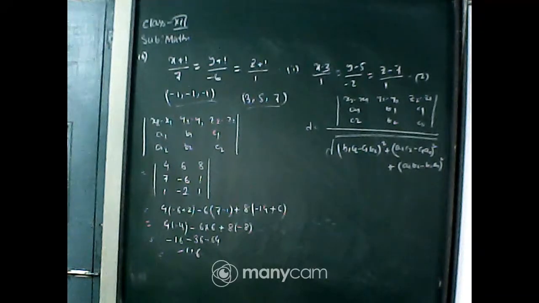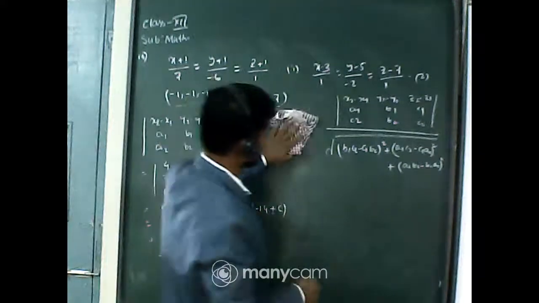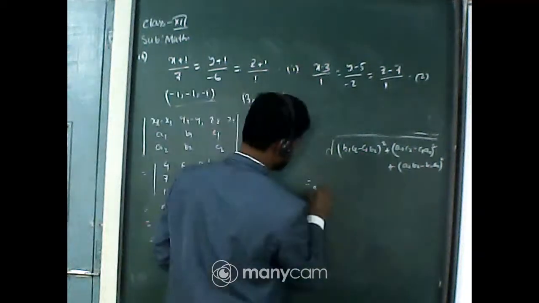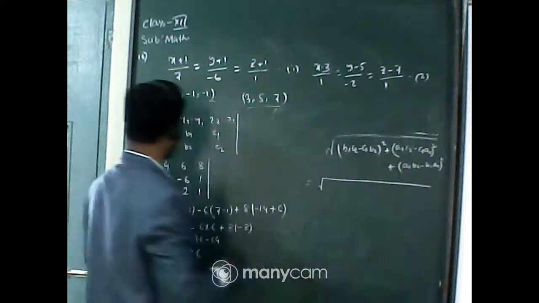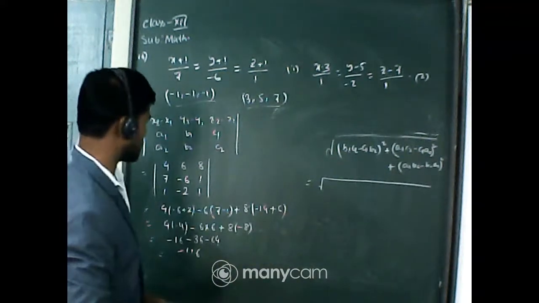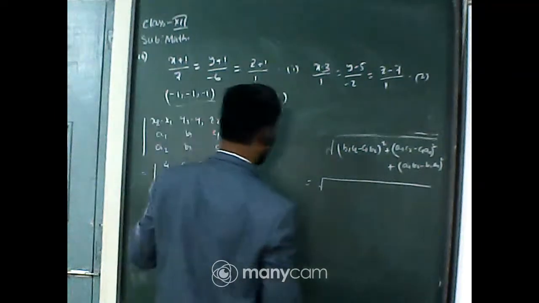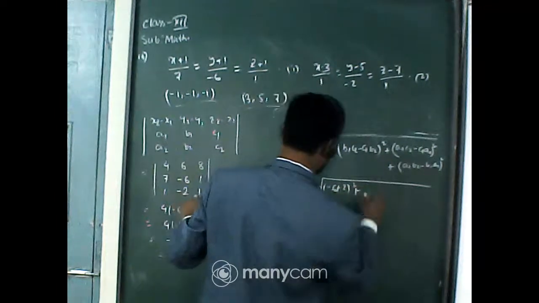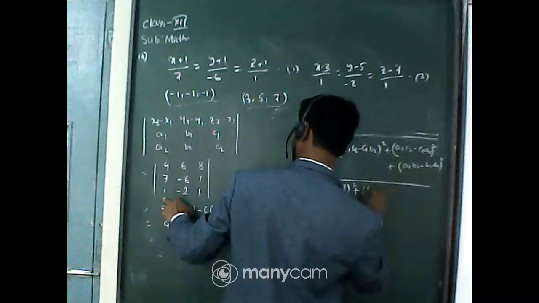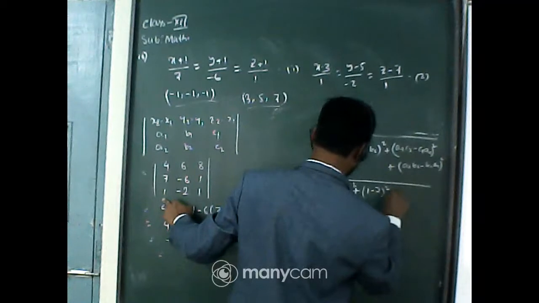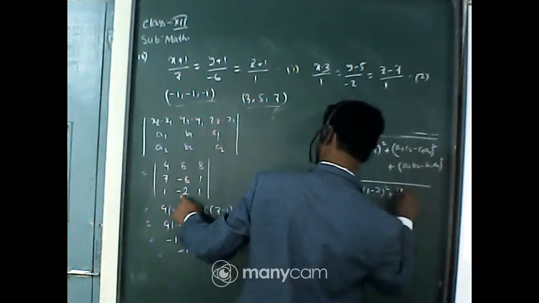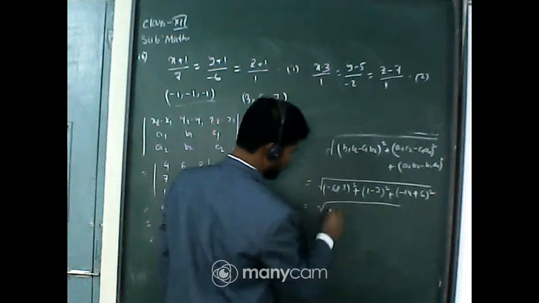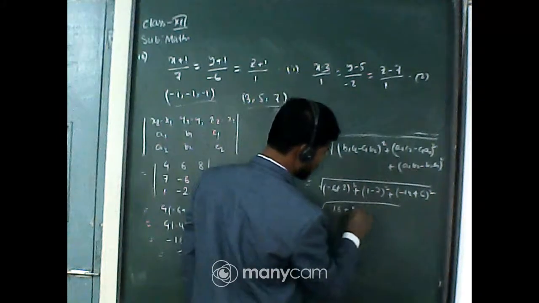Now find the value of the denominator: (-6 + 2)² + (1 - 7)² + (-14 + 6)², that is 4 fours are 16, 6 sixes are 36, and 8 eights are 64.